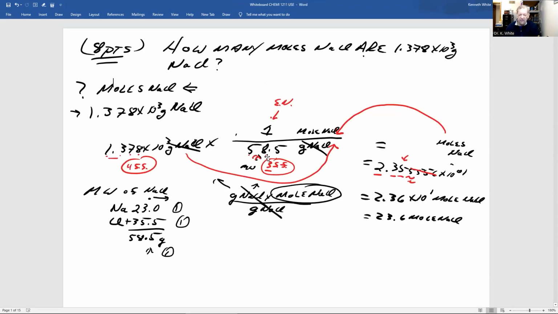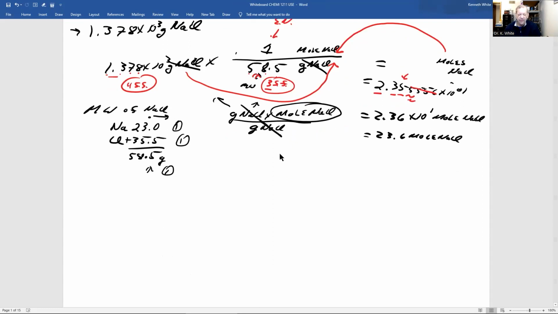And let me just remind you, when you have one thing equal another, there are two ratios you can form, one side over the other, and the opposite, the other side over the first, which is how we fill that in. 1 mole per 58.5 grams. And that's how you do it.